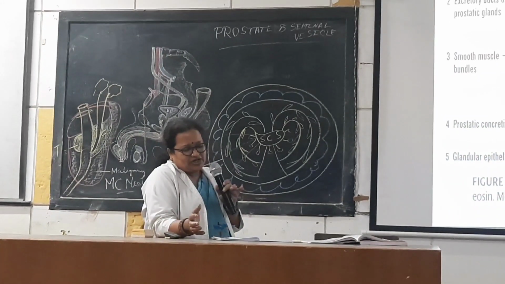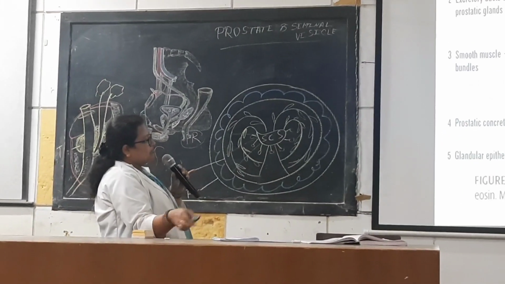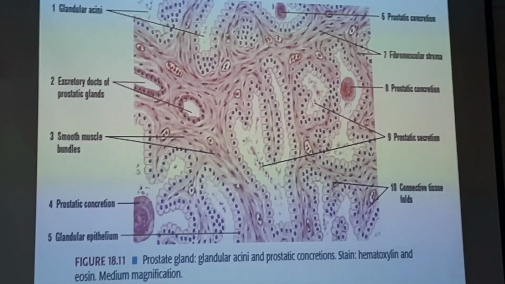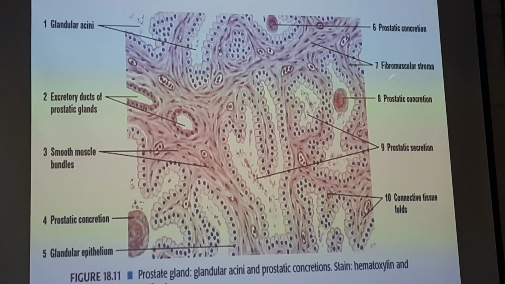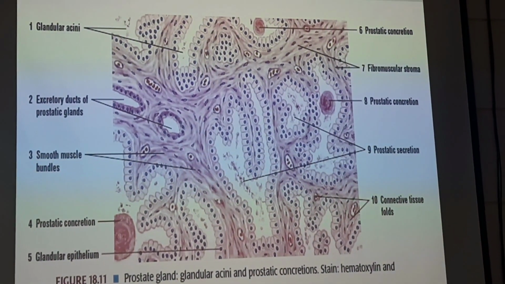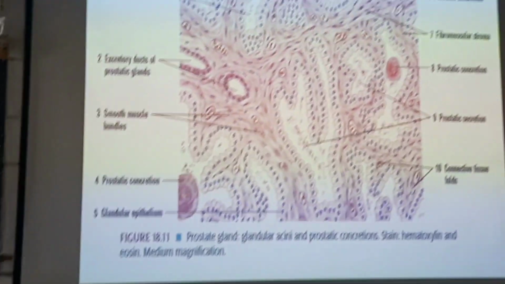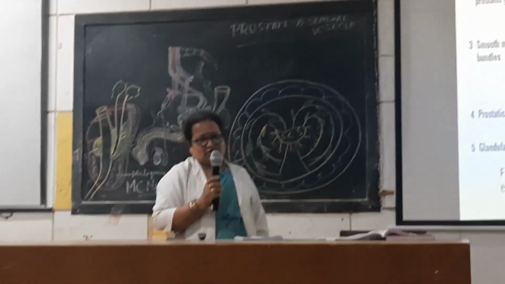The normal configuration of the prostatic acini will be lost; the acini are compact against each other. There is loss of the fibromuscular layer in carcinoma of the prostate. This is how, by looking at the slide, we can know. So this is all about the prostate.